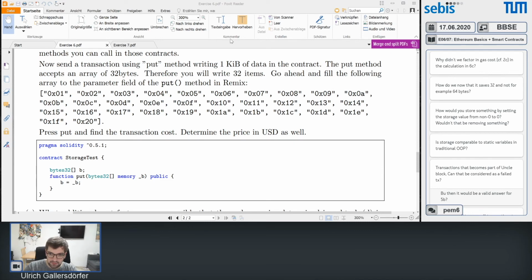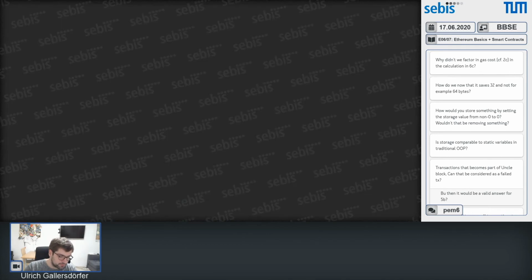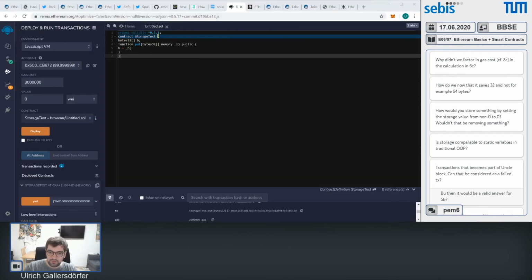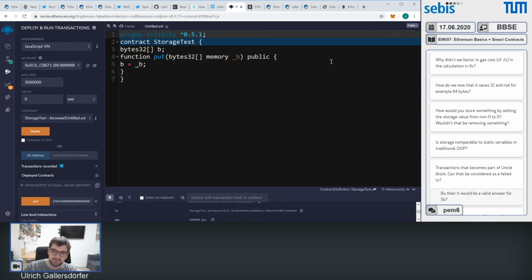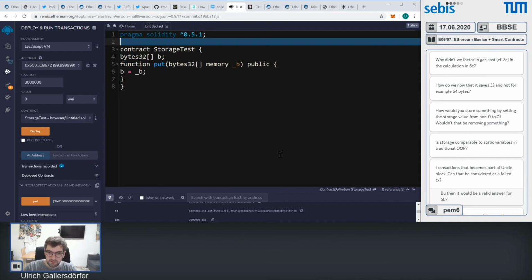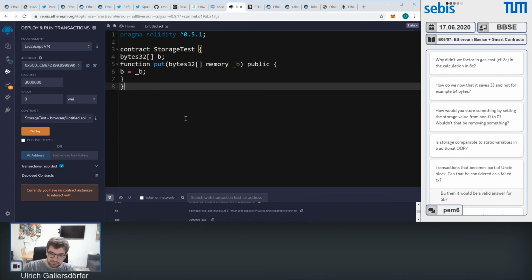Let's see, where is my Remix? There it is. So that's what you can see here. Fortunately, I can zoom here. So what you see here is this contract directly copied to Remix, and the issue is we now want to deploy it.